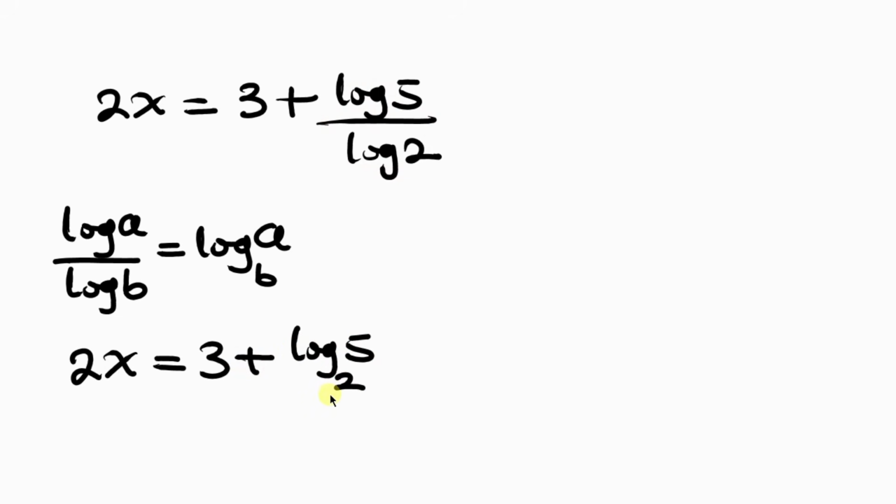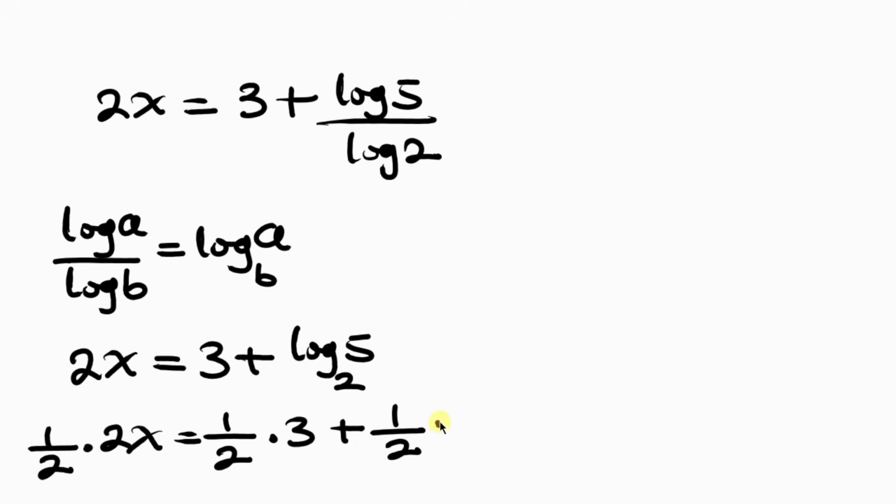That is it. Now to get the value of x, we have to multiply through by the inverse of 2. The inverse of 2 is 1 all over 2. So 1 all over 2 times 2x. This is equal to 1 all over 2 times 3 plus 1 all over 2 times log base 2 of 5. Very good.